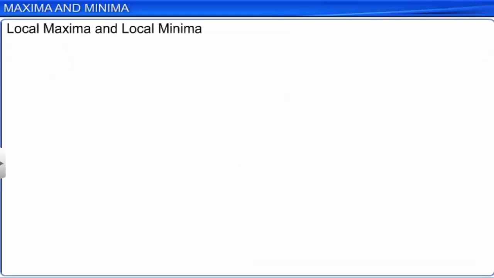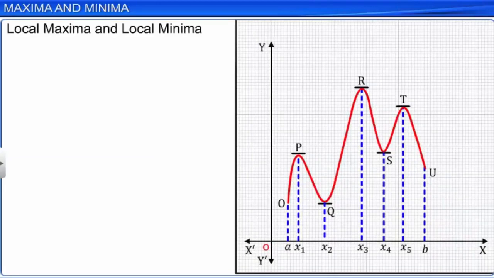Now, let's proceed further and learn about local maxima and local minima of a function. Take a look at the figure here.